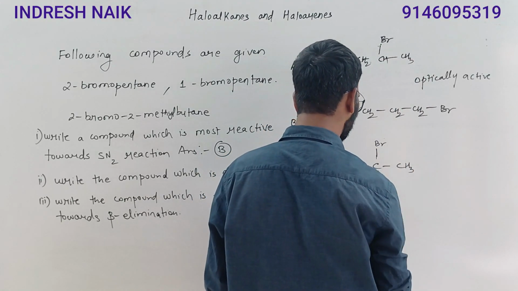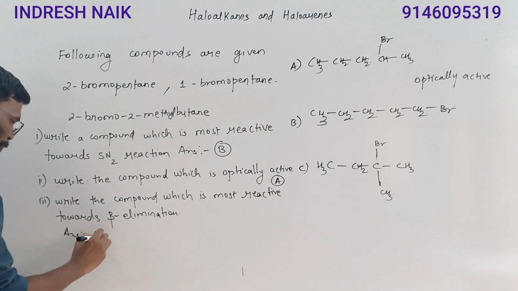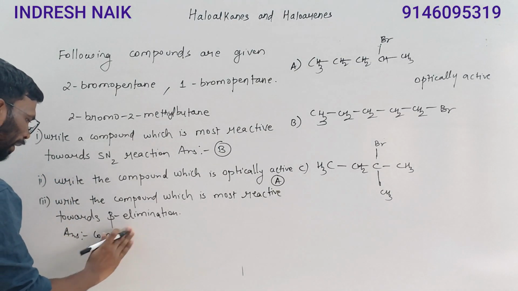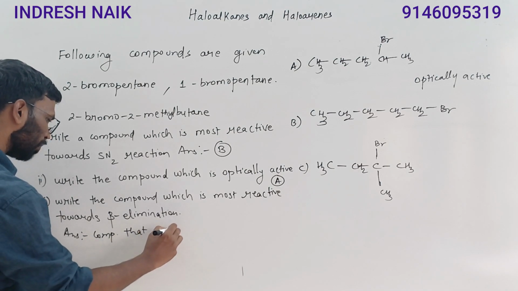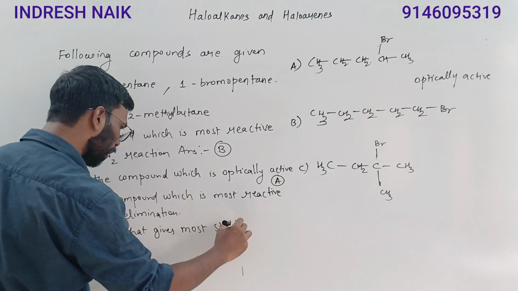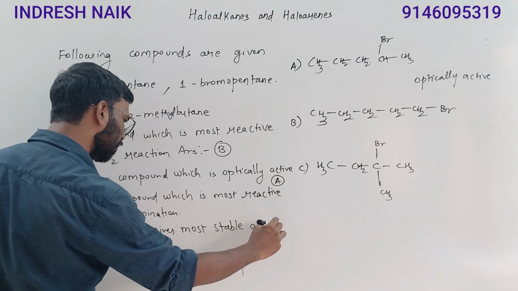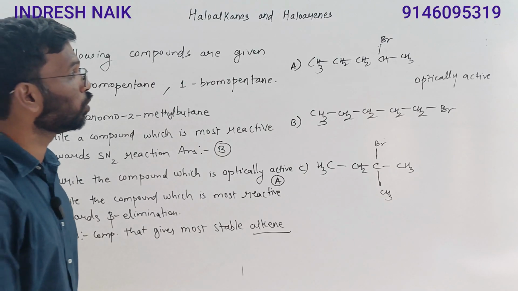Answer for this is: compound that gives most stable alkene. Okay, compound that gives most stable alkene.